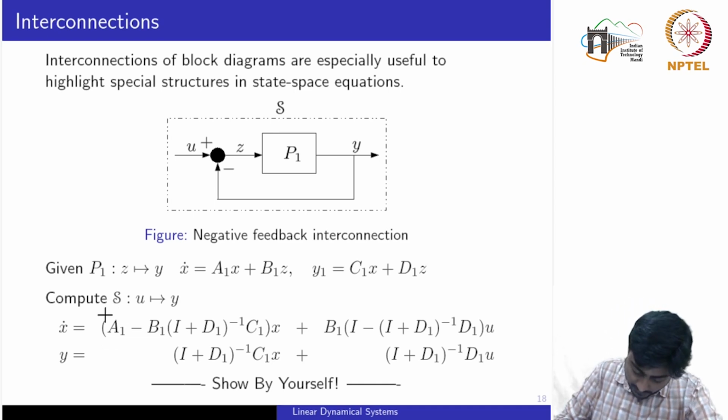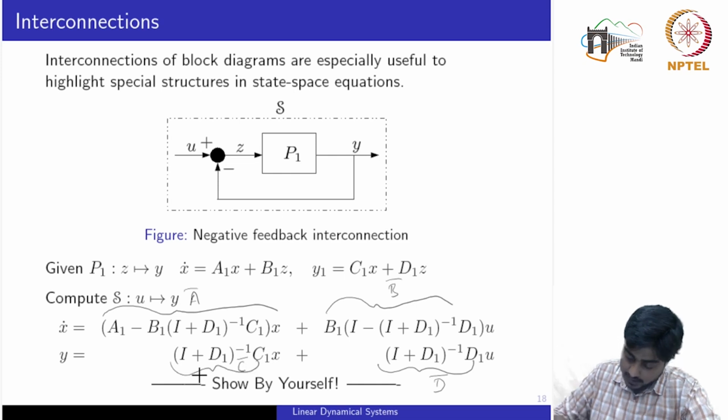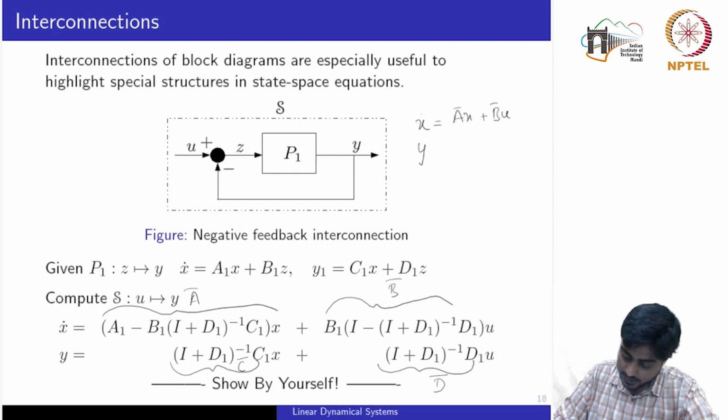So you could define that this is A bar, this is B bar, let's say D bar, and C bar. So this you can write in a compact way as x dot is equal to A bar x plus B bar u, and y is equal to C bar x plus D bar u.